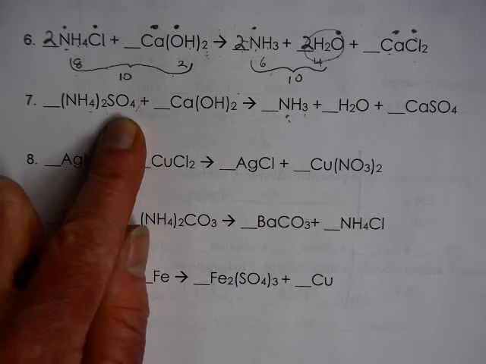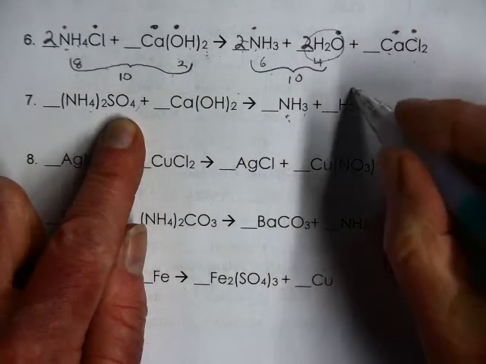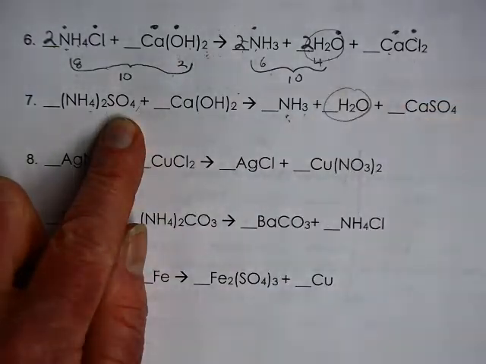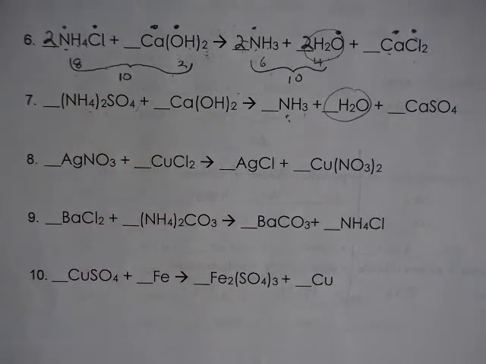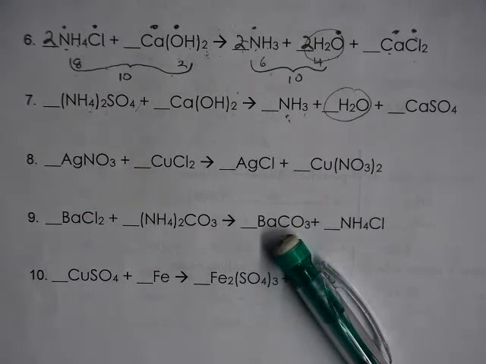What else do we notice about this? I have a water. Yes, sir. Oh, we will. But the things that we're looking for, when we start every balancing of equation is, are there diatomics?